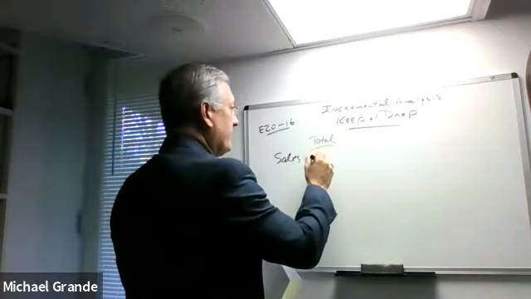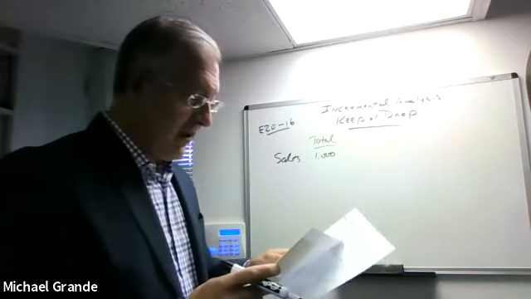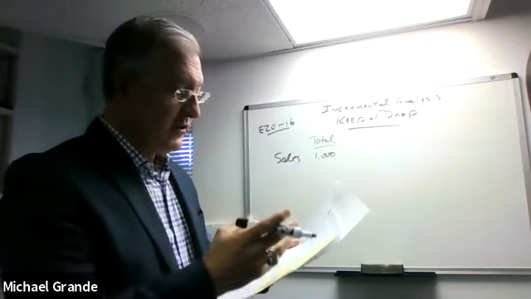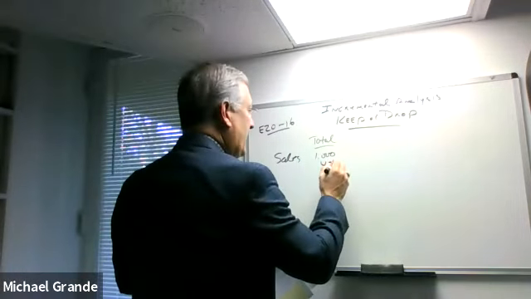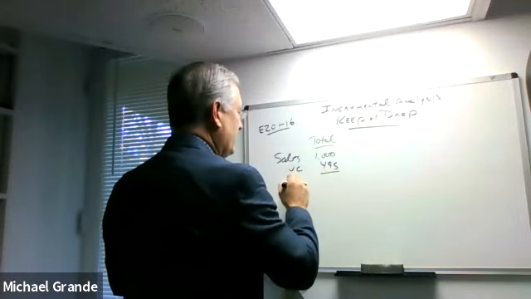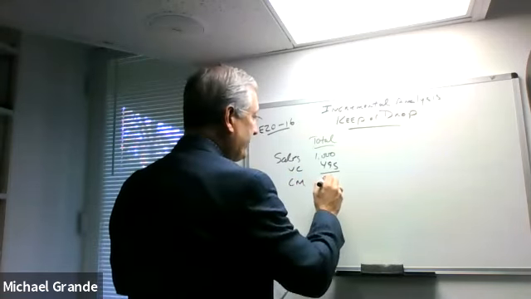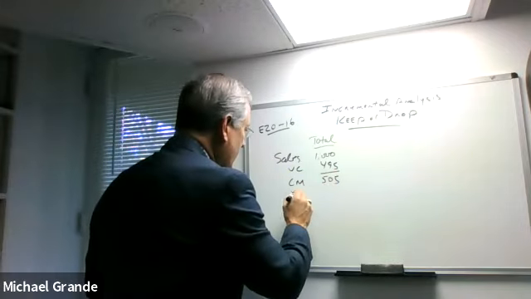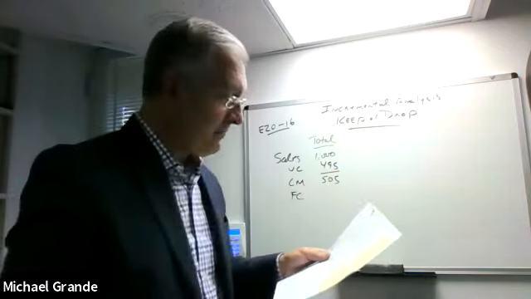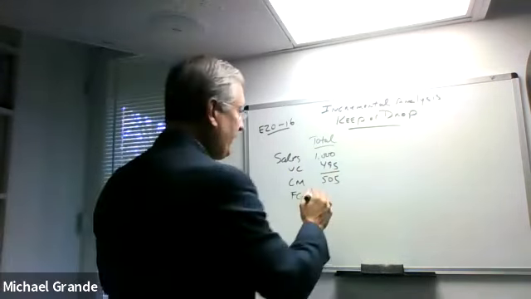I'm going to drop some zeros and make it easy. The variable cost, 150 for Tingler, 200 for Shocker, 145 for Stunner. That's 495, and that's variable cost. Contribution margin, therefore, is what? 505. And then the fixed costs for all three divisions, 120, 230, and 95, which is a total of 445.